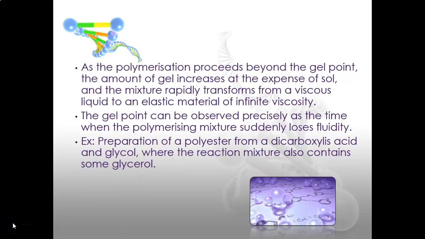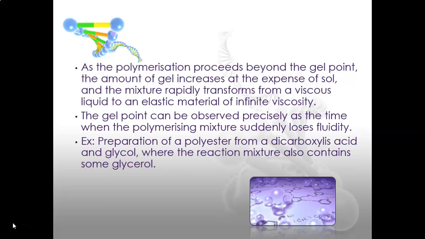For example, consider the production of a polyester from a dicarboxylic acid and glycol, where the reaction mixture also contains some glycerol. The sol is the non-gel portion that remains soluble in the solvent, and the gel part is insoluble in the solvent and is considered as one molecule in the formation of an infinite network.